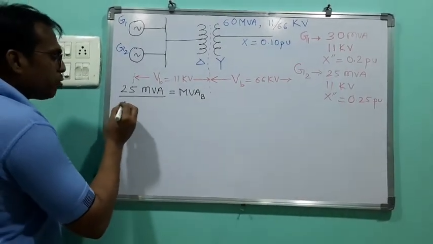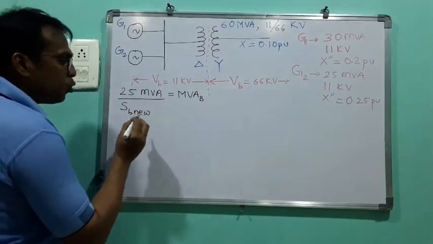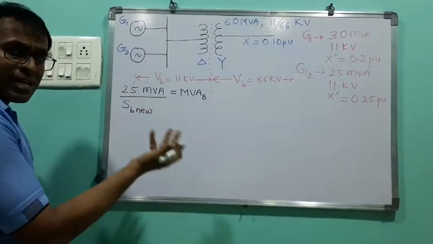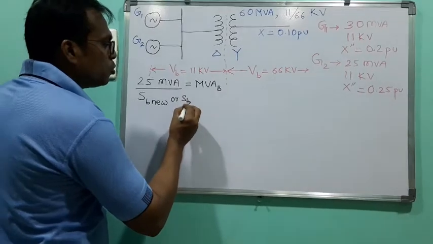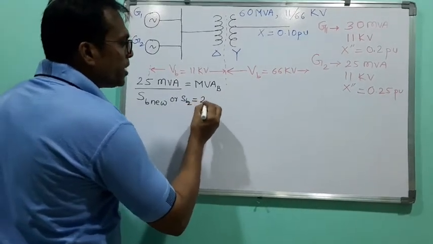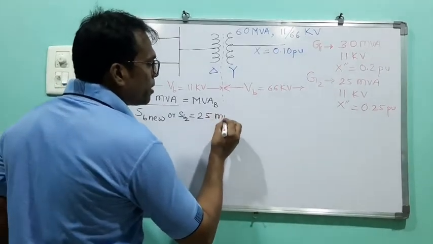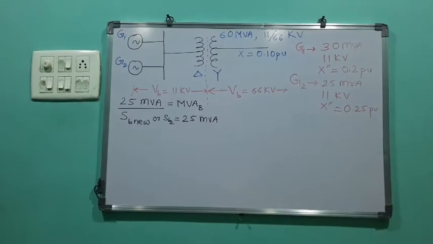We can write it as SB new or SB2. In some books it is given as SB new, in some books as SB2. So it is nothing but 25 MVA. This is the base.